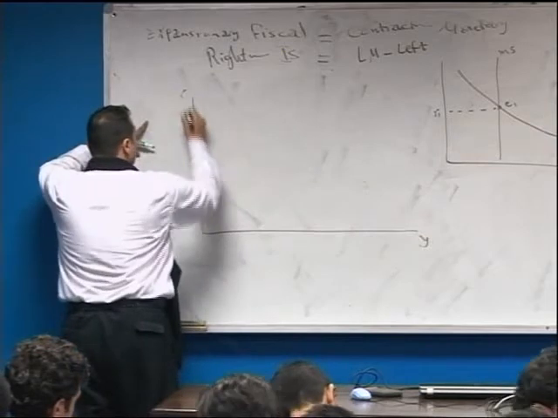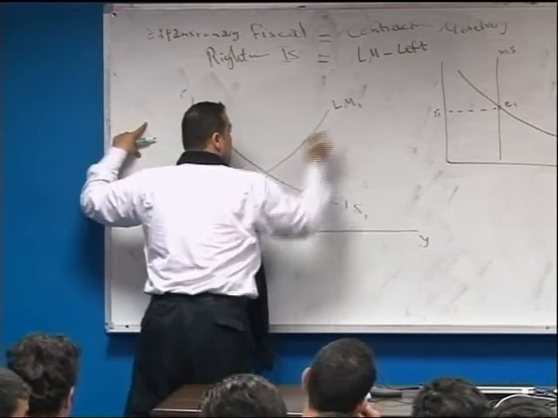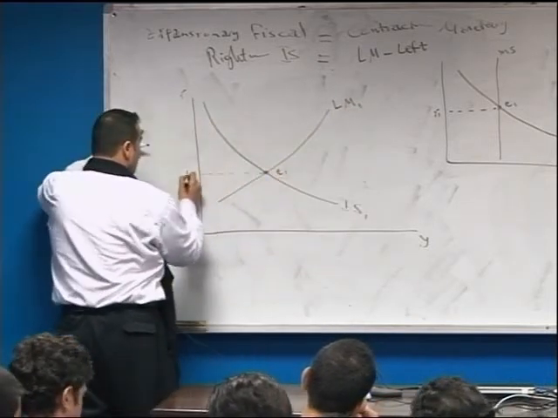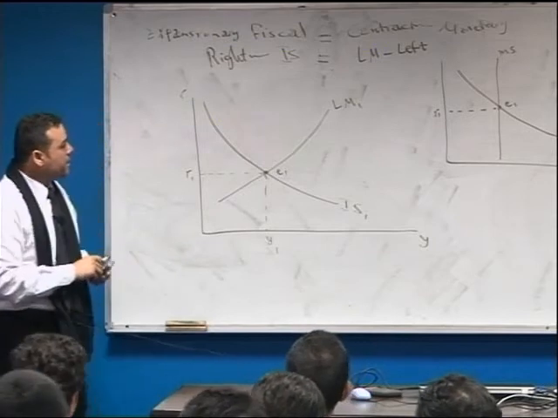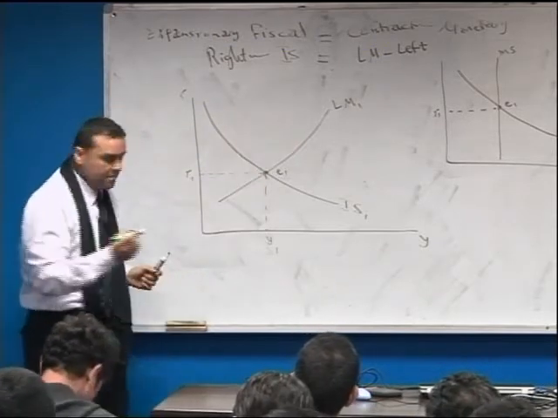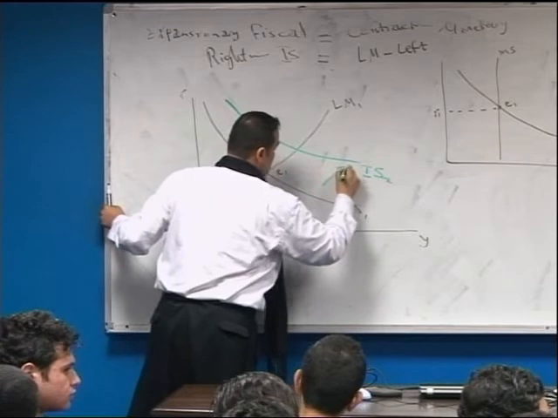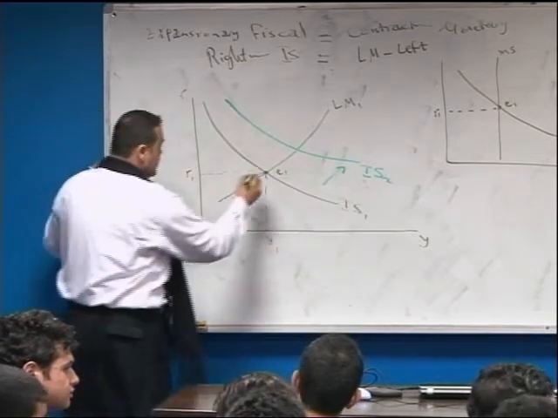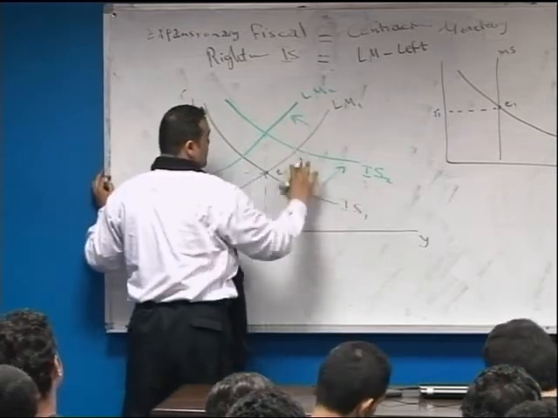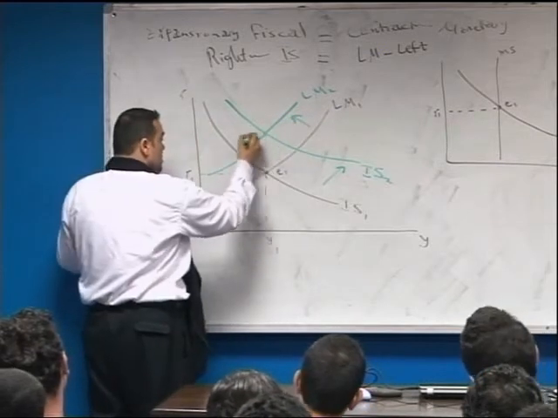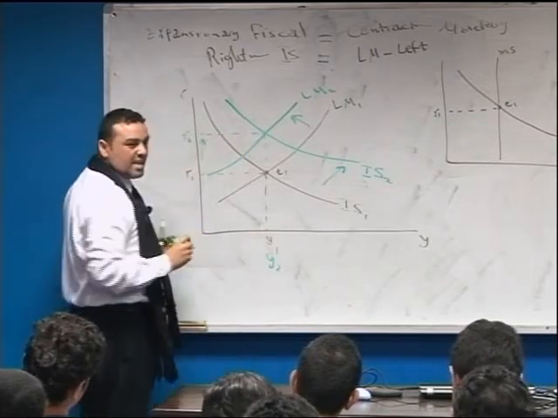Y R IS1 LM1 E1 R1 Y1. عندنا increasing in IS or a rightward shifting في IS IS2 and decreasing in LM with the same amount to LM2. المسافة هاي تساوي المسافة هاي. مظبوط؟ So R has increased to R2, Y remains constant. وتعتمد على أي الأثرين أكبر.